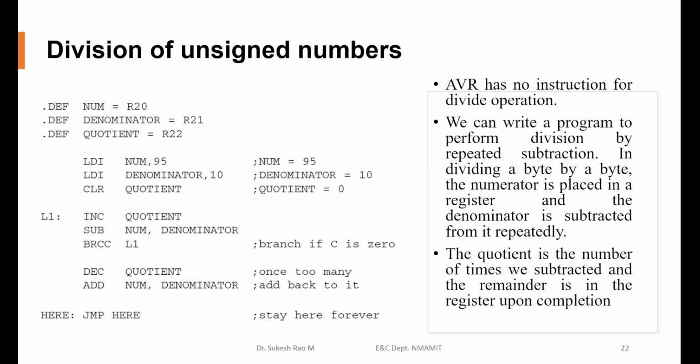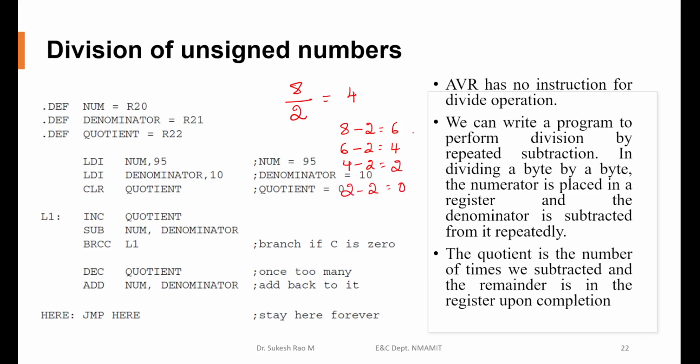For example, if you wanted to divide 8 by 2, I know that 8 by 2 is 4, and I'm going to achieve this by repeated subtraction. I'm going to do 8 minus 2 and get 6, then 6 minus 2 and get 4, then 4 minus 2 and get 2, then 2 minus 2, which is 0.